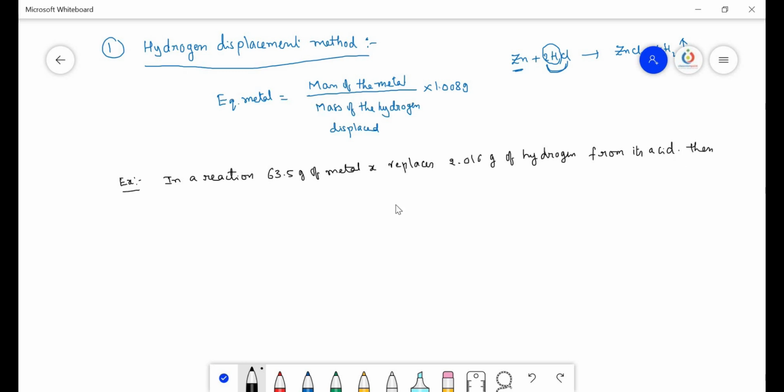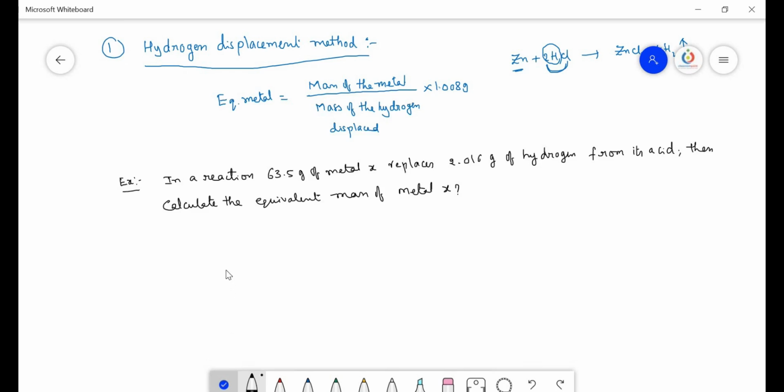Then calculate the equivalent mass of metal X. So this is the question.